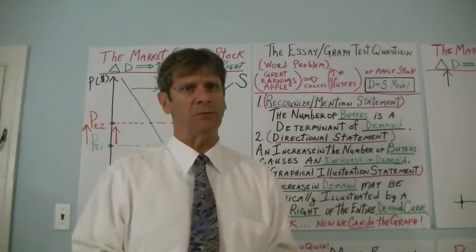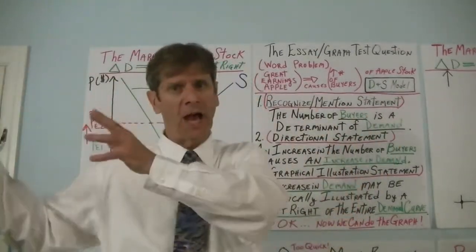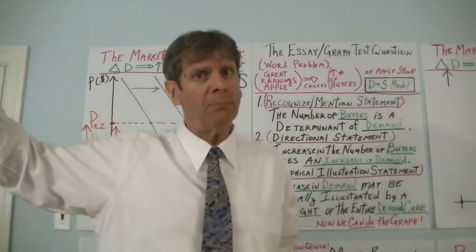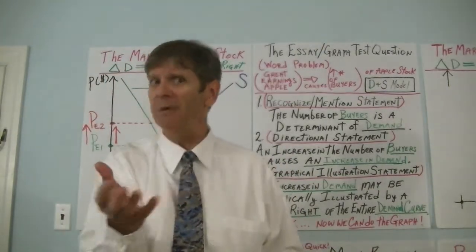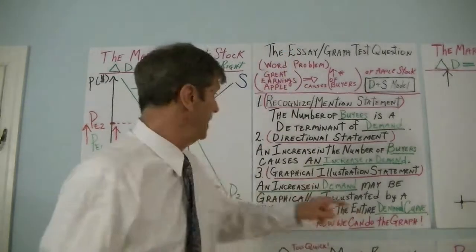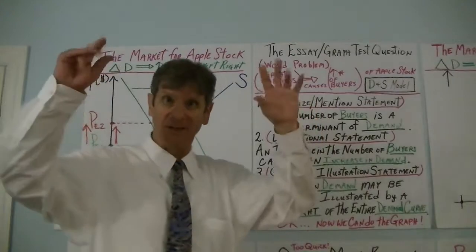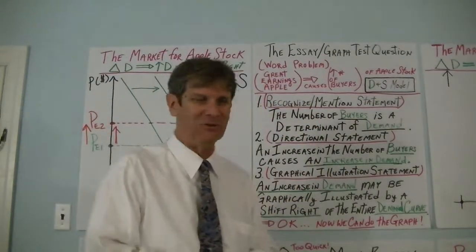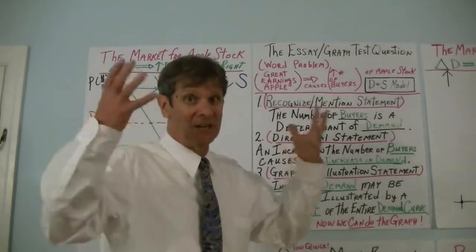And somehow we met some great people from China that said, we'll show you how to bring your product over to China. There are like 1.5 billion people over there. With the potential increase in the number of buyers, what do you think is going to happen? It's going to increase your demand, right? So an increase in the number of buyers causes an increase in demand. These are the goofy words the economists use, but you already know this from just being in the world.